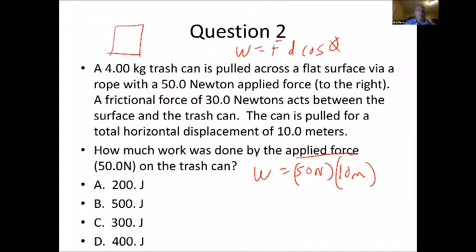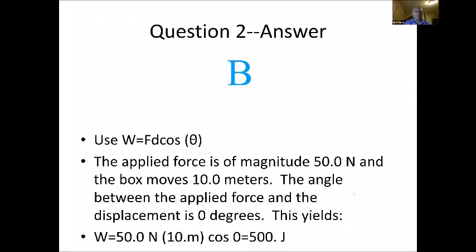In this case, it's pulled across a flat surface, so we're assuming that the picture looks something like this. That means the angle between the application of the force and the direction of the displacement, there is no angle between those. So theta is 0, and the cosine of 0 is 1. We multiply that by the force and the distance, and we come up with 500 newton meters, or 500 joules. So answer B is what we were looking for, and that looks good.